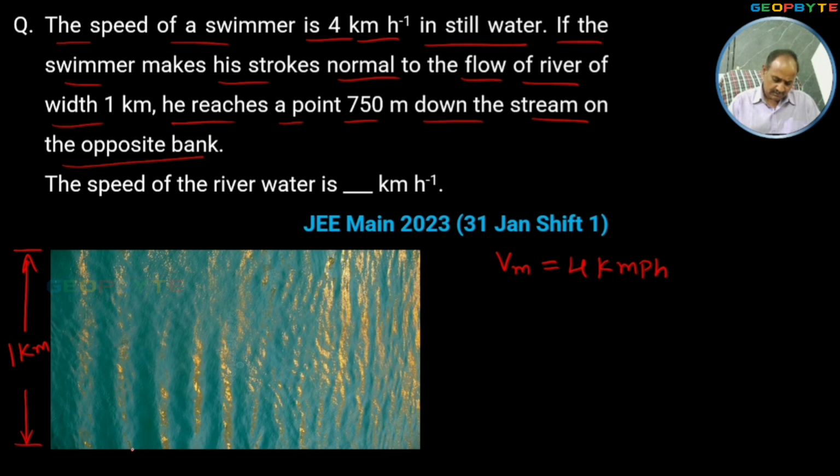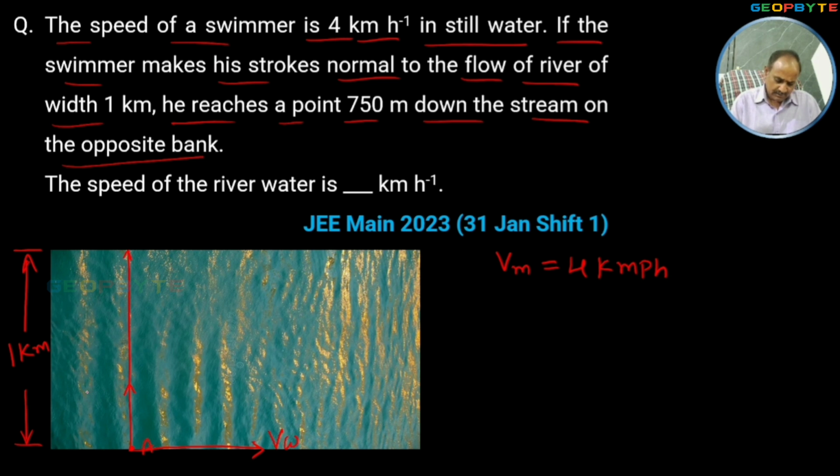This is the starting point of the swimmer. The swimmer tries to swim in this direction, but it is given that the water is flowing. Assume the water is flowing with a velocity Vw.